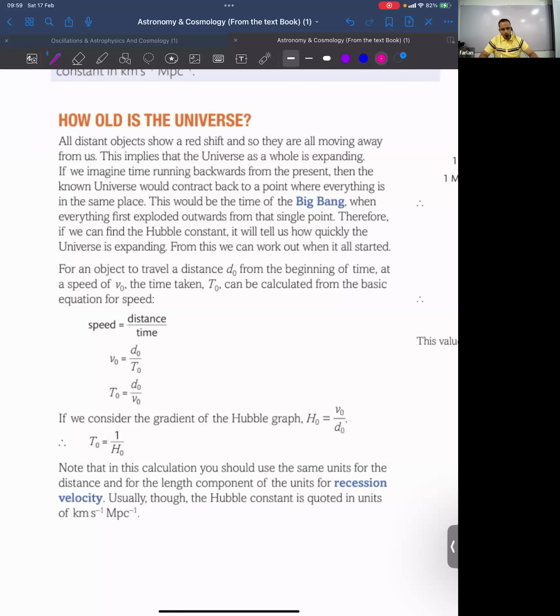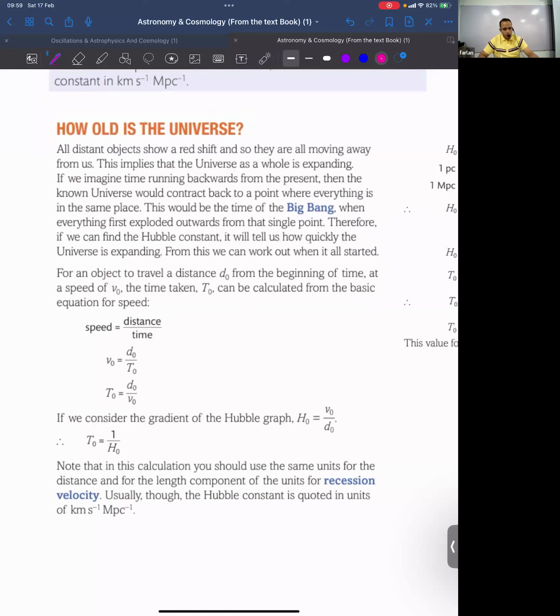Look at this. All distant objects show a redshift, and so they are all moving away from us. This implies that the universe as a whole is expanding. If we imagine time running backwards from the present, then the known universe would contract back to a point where everything is in the same place.